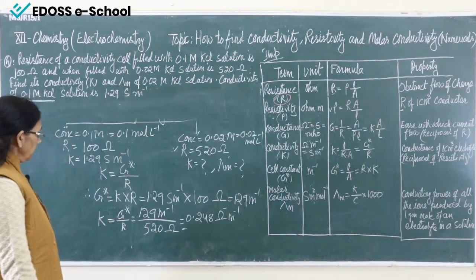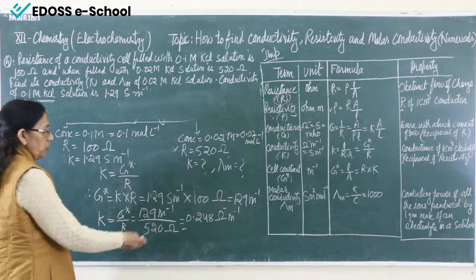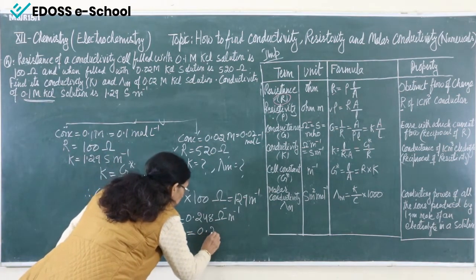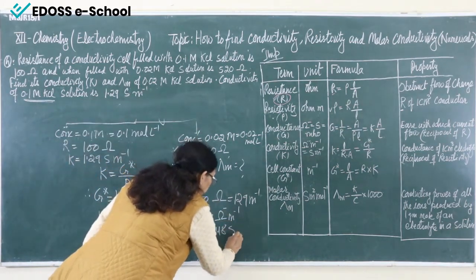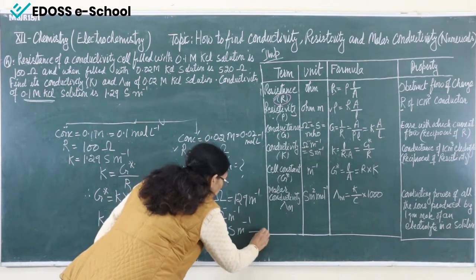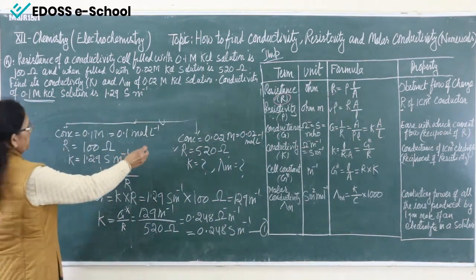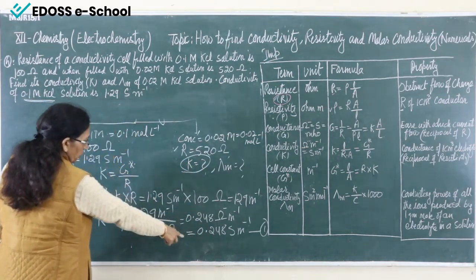For per ohm we can use Siemens, so 0.248 Siemens per meter. So the first answer we got.